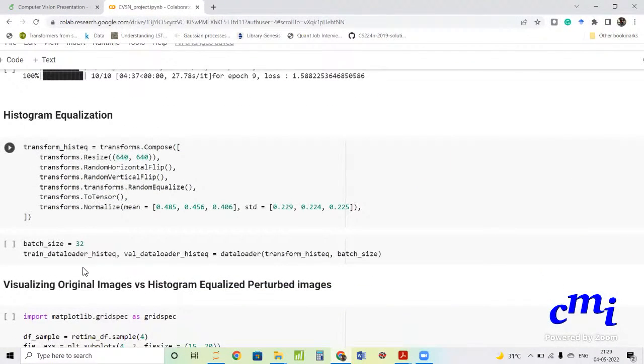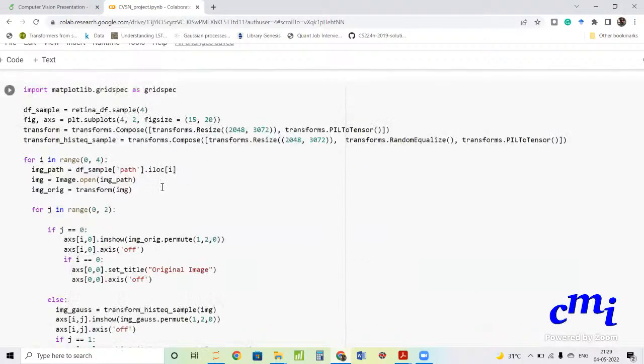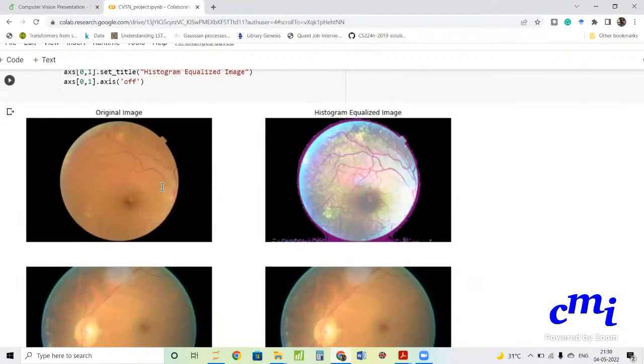Next, we perform histogram equalization. Again we have followed the same steps, but now we have used a histogram equalization technique in PyTorch called random equalize, and these are some examples. As you can see, histogram equalization has enhanced the image to a great degree.